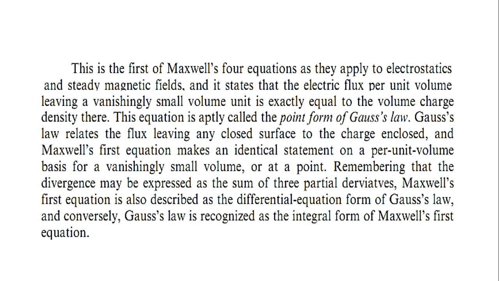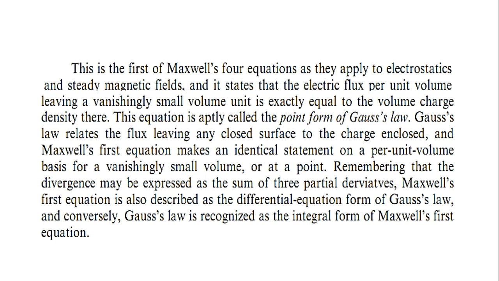Now how can we explain the Maxwell's first equation or the divergence? By taking an example. Let's suppose we have a point charge that is placed at the origin of a spherical coordinate system. If we have a point charge that is located at the origin of a spherical coordinate system, it will have its own electric field.